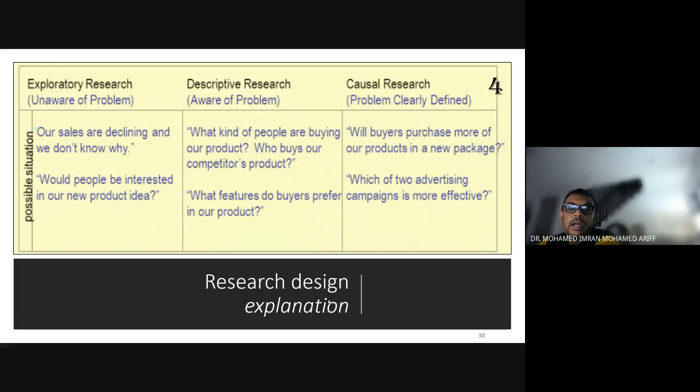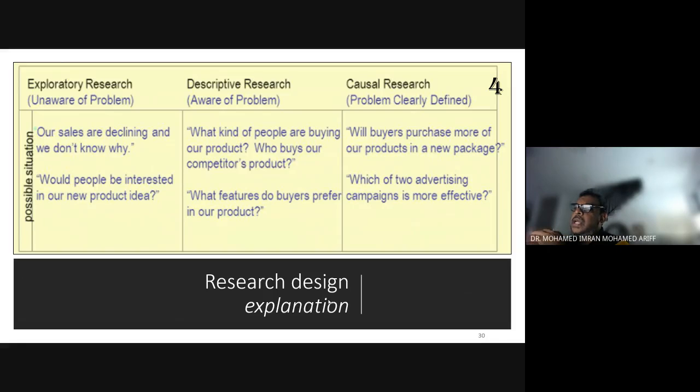Okay. Would people be interested in our new product idea you want to explore? Kalau saya jual sandwich macam ni, would people be interested? Explore. You want to find out. Dulu saya jual, but sekarang saya tak jual, and now I want to introduce a new sandwich. Would people be interested? Okay.